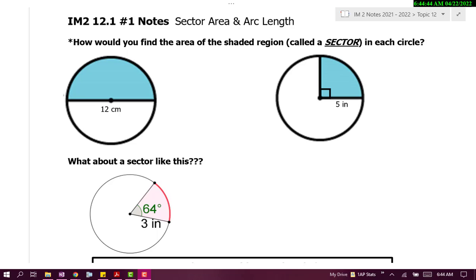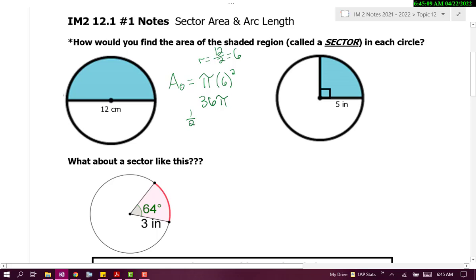The first one, well, obviously the shaded part is half of the circle. So we would find the area of the circle, which is pi r squared, with r being 12 divided by 2, because that's the diameter, 6 squared, or 36 pi.